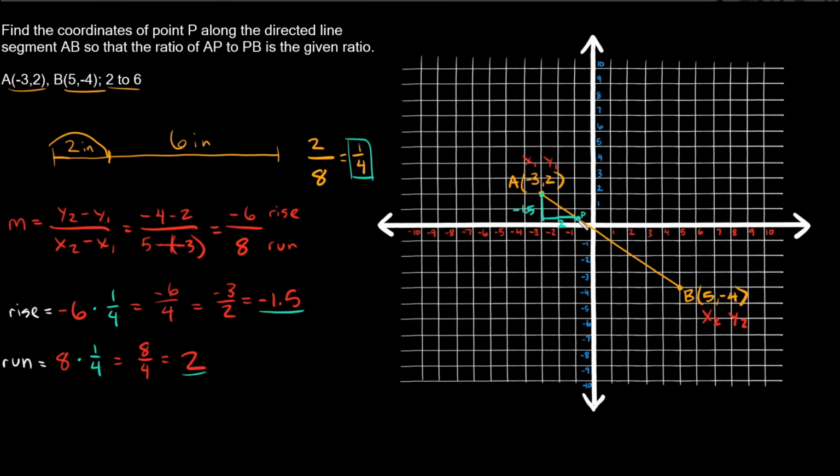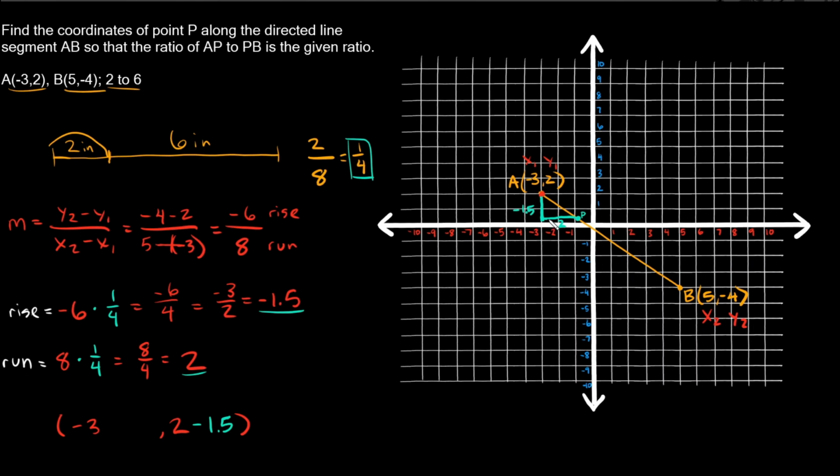So what is point P? Well, the way you can do that is just take your starting point, so point A right here. Point A is at negative 3, comma 2, okay? Now, we had to go 1.5 spaces down in the y direction, vertically, so we can subtract that from our y, so 2 minus 1.5.